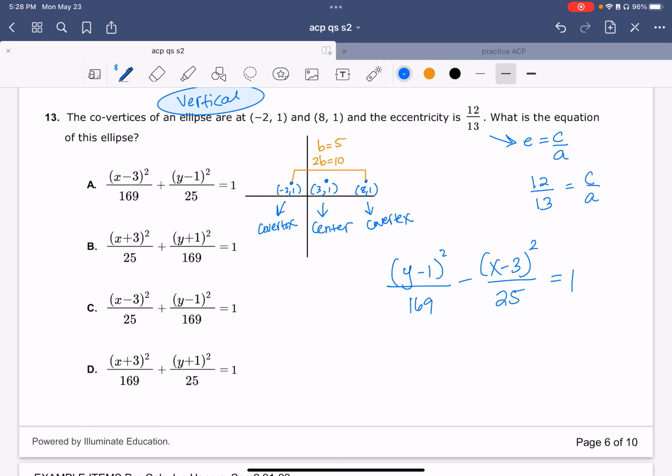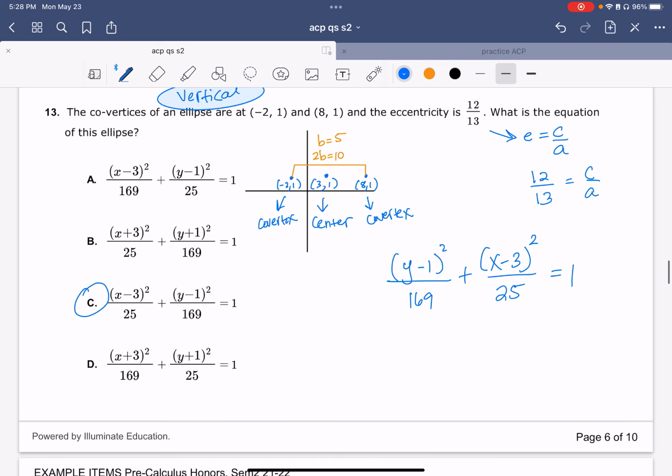And then you would match up the answer choice. They put x first, so look for the one that's x minus 3 squared. So the answer choice would be C, as in cat. X minus 3 squared over 25 plus y minus 1 squared over 169 is equal to 1.